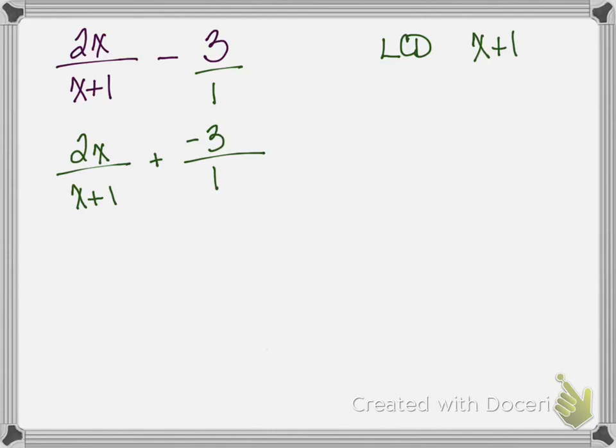Is there anything missing from my first rational expression? Is there anything that I need to do to the denominator? No, I don't. My second one needs the x plus 1. And if I multiply the bottom times x plus 1, I have to multiply the top times x plus 1.